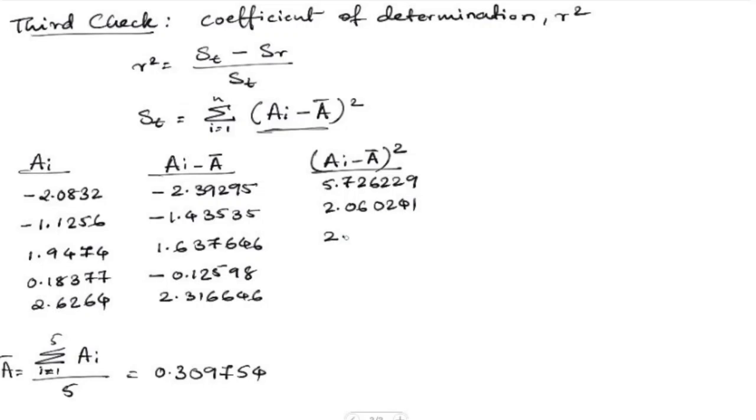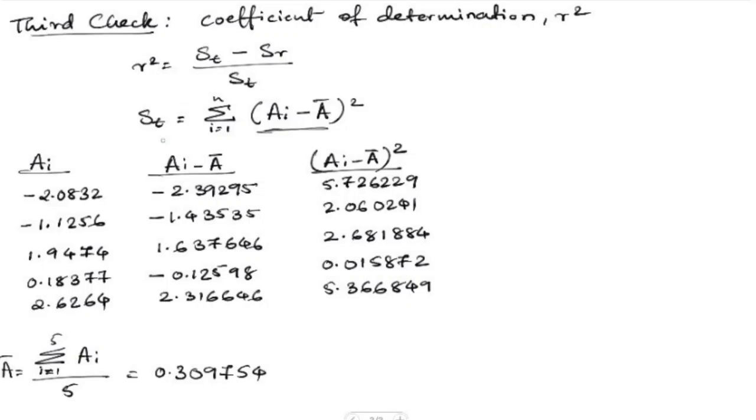Then we have 2.681884. 0.015872, and then we have 5.366849.